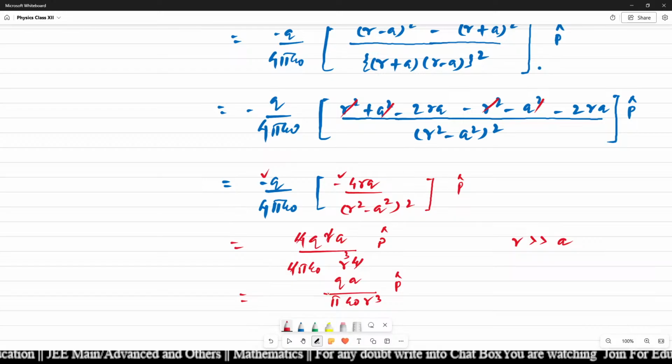So hope there is no problem to understand the expression of the electric field due to the dipole at a point P when the point P is on the axis. So note down.